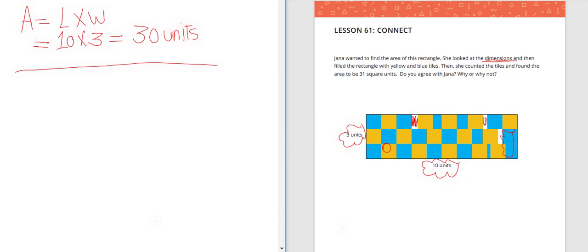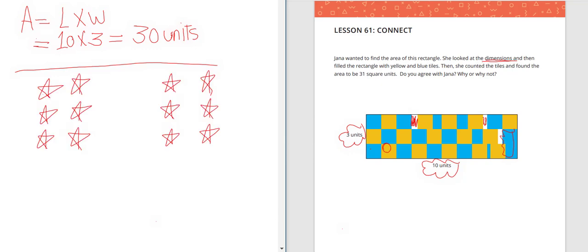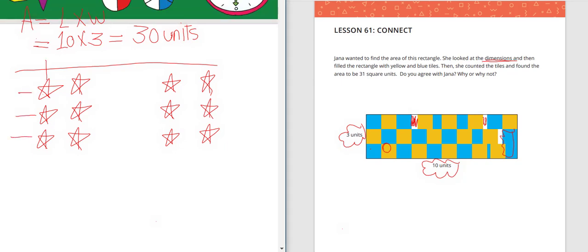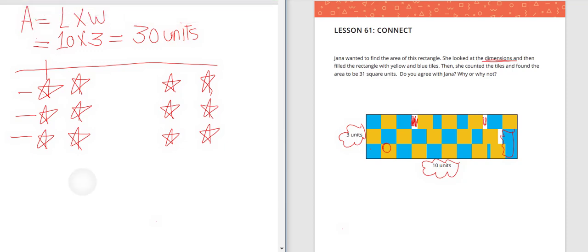Our lesson is about a new property of multiplication called the associative property. To explain this property, we will take an example. Now we have an array, 3 rows and 2 columns. So we can do the multiplication 3 times 2 to get the total of this array.